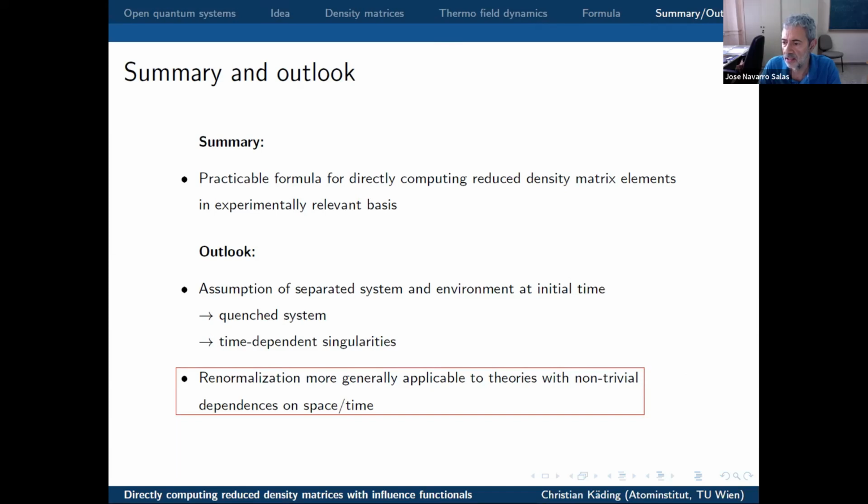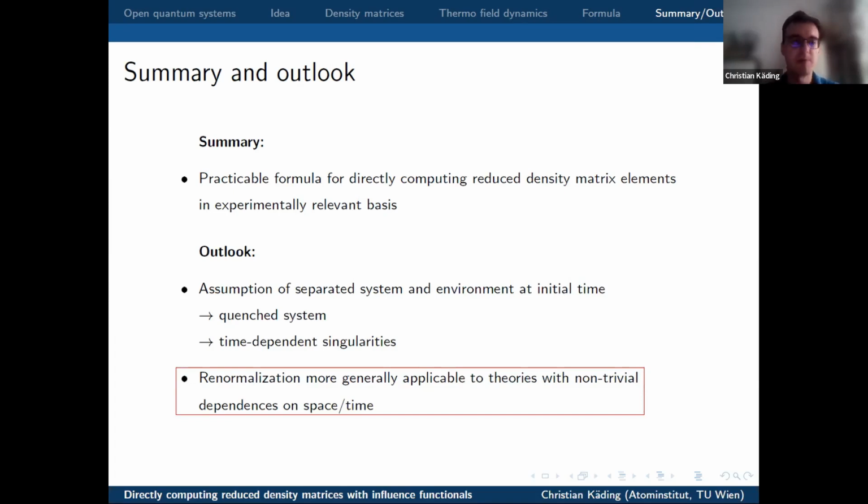How much does your final result depend on the fact that you use thermo field dynamics? So I guess at some point there is a thermality assumption for the environment. Oh, no, there's no thermality. The thermo field dynamics is just a mathematical framework to guide this whole thing, because it's not directly obvious how to get from the path integral formalism to where you actually want to go.